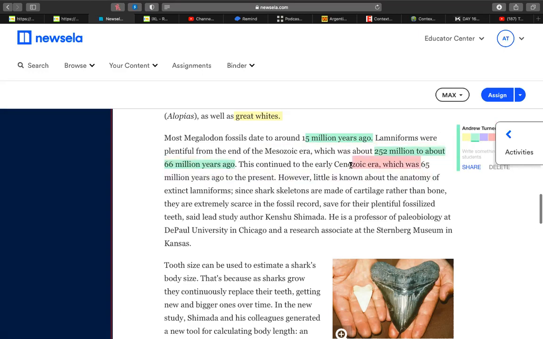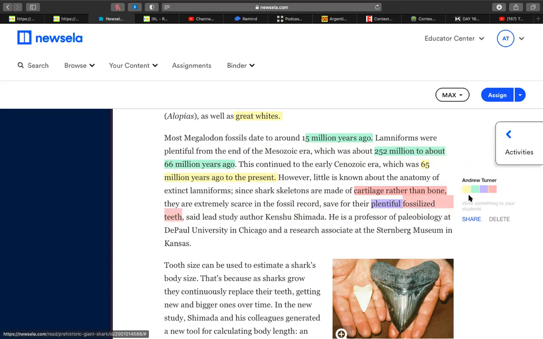However, little is known about the anatomy of the extinct lamniforms, since shark skeletons are made of cartilage rather than bone. They are extremely scarce in the fossil record, save for their plentiful fossilized teeth, said lead study author Kenshu Shimada. He is a professor of paleobiology at DePaul University in Chicago and a research associate at the Sternberg Museum in Kansas.